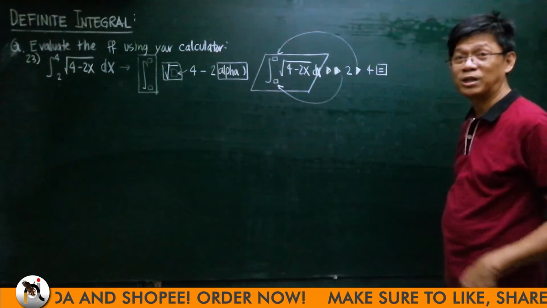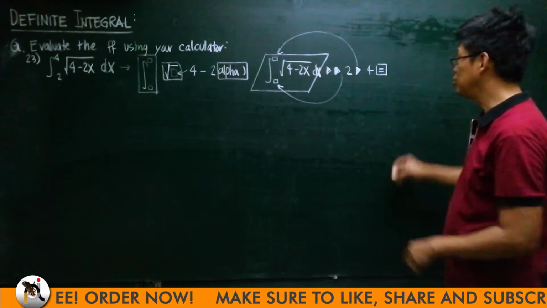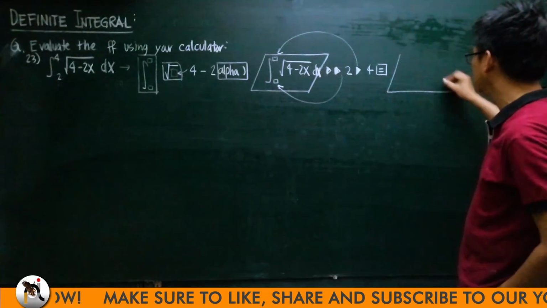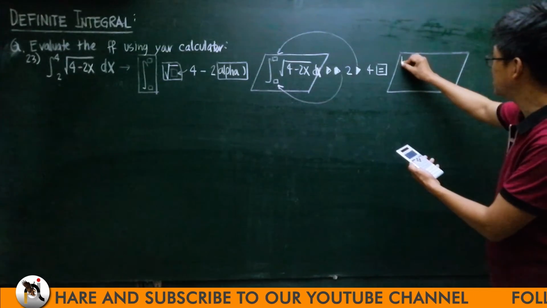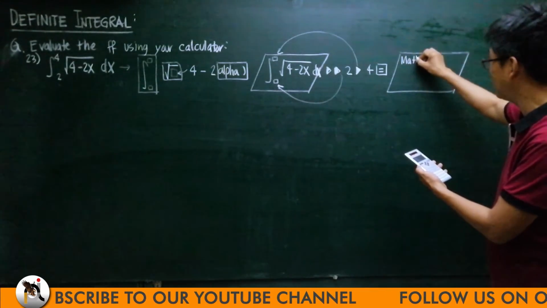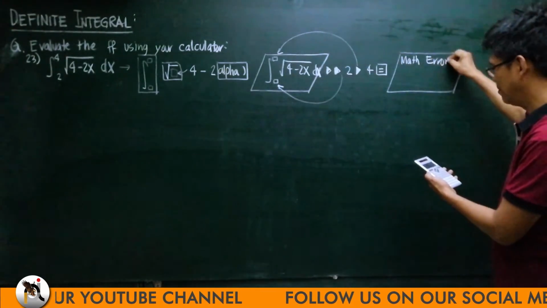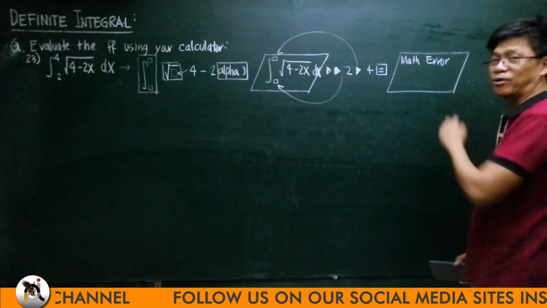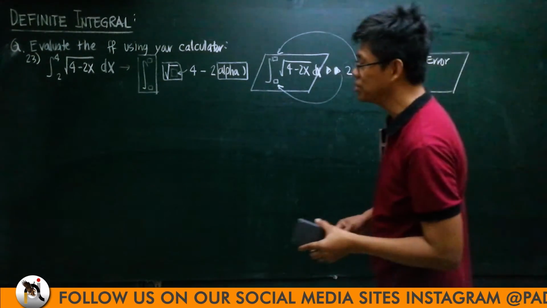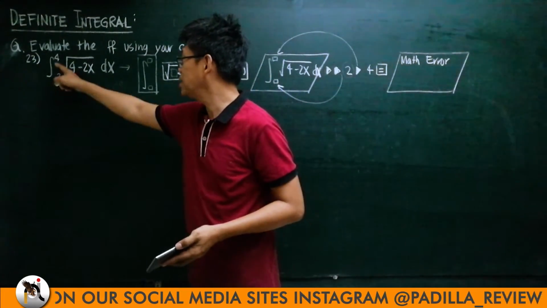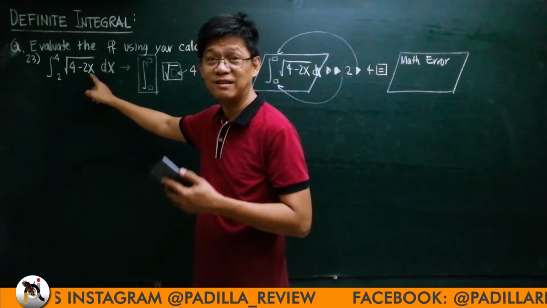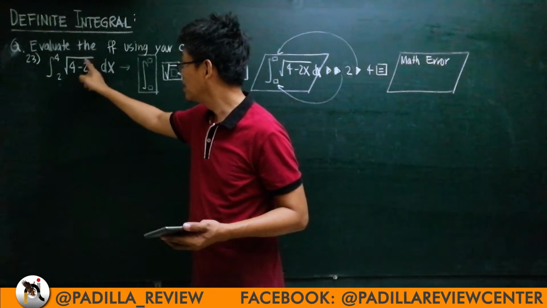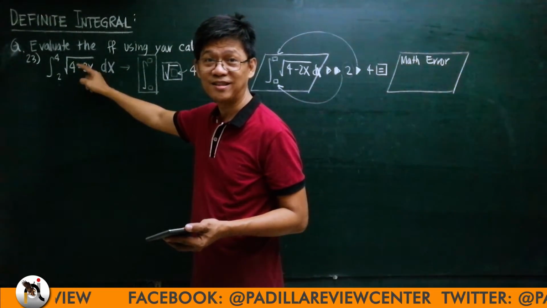Your calculator will now process it and display the value. Notice that the message of your calculator is math error. What is the source of math error? When you substitute 4 for x, whenever x is greater than 2, this becomes negative, right?